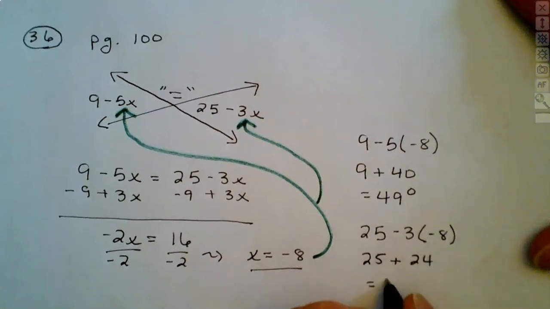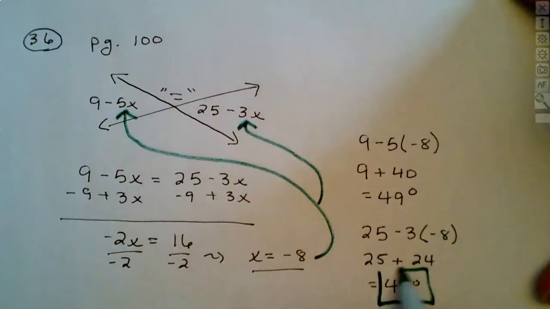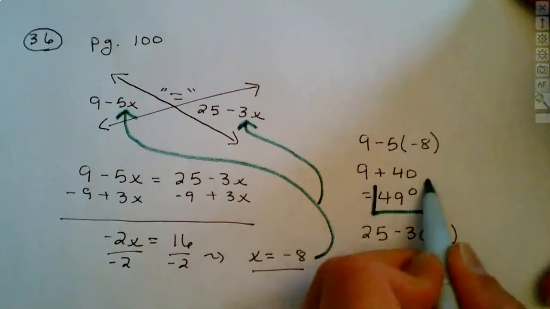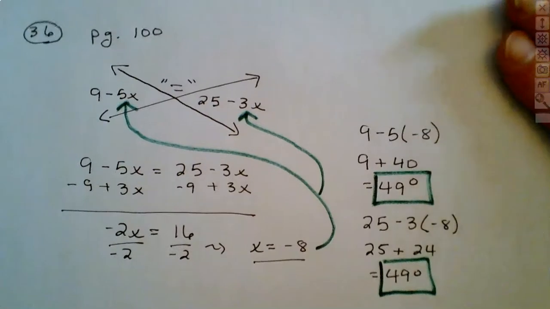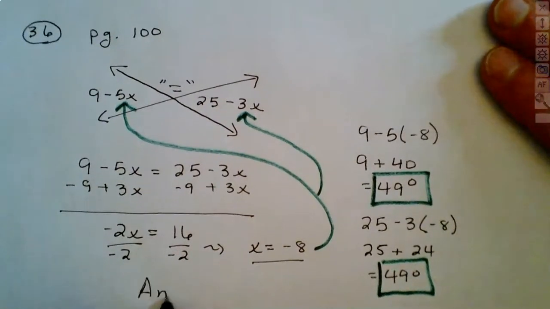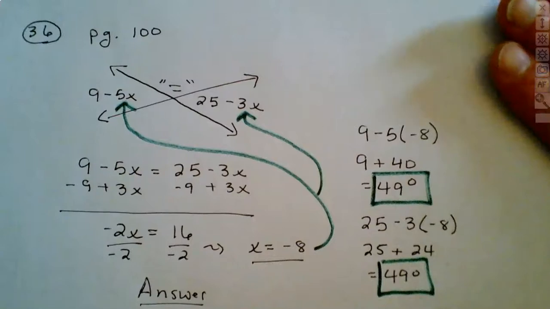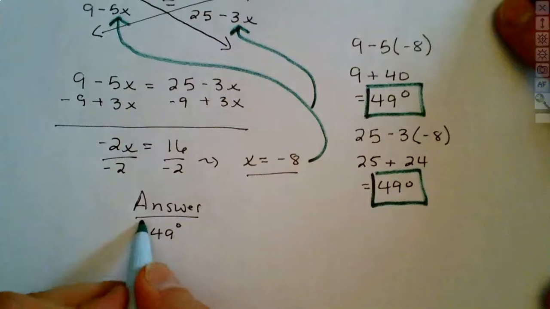And that also gives you then 49 degrees. So what are our answers? Our answers on this question are 49 degrees for both. So that's how we work that one out.